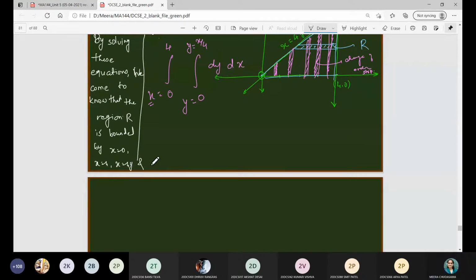And it is a triangle with vertices 0, 0, then 4, 0, and 4, 1, as shown in the figure.